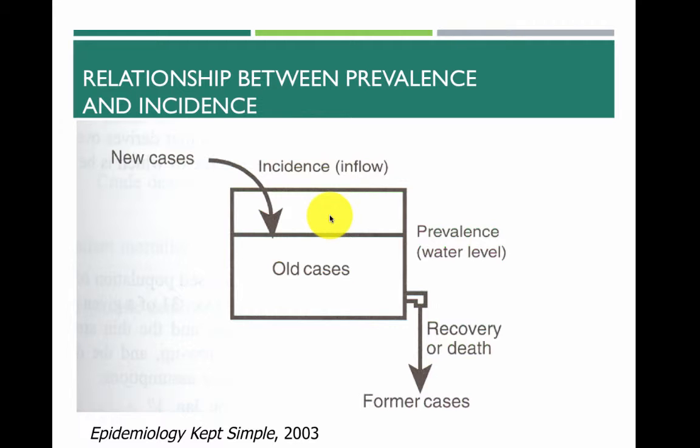So that water keeps going up and up and up. And the only way that you can leave that sink through the drain is by recovery or by death. So you can imagine that incidence is telling us all of the new cases coming into a population, and prevalence is telling us what that water level is, which includes both the new and the existing cases.